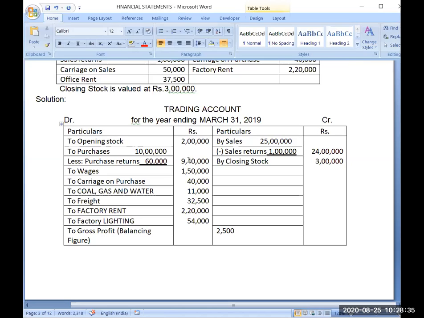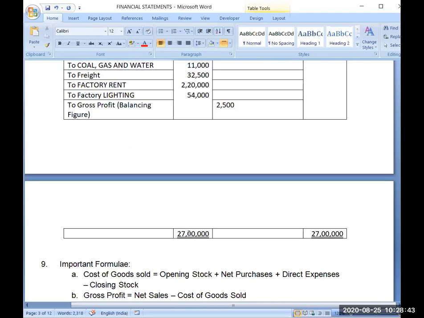Now 1 plus 4, 5 plus 5, 10, 14, 15, 18, 20, 25, and I need a 0. So what should I add to 25 so that I get a 0 in the last? Yes, correct. 5. So if I add 25 plus 5, I will get 30.